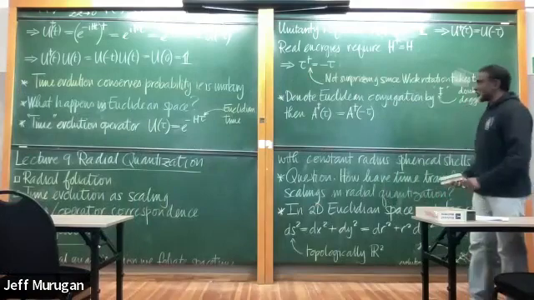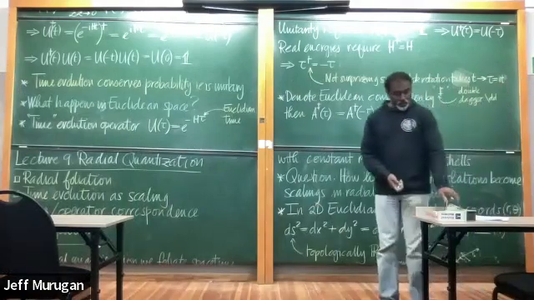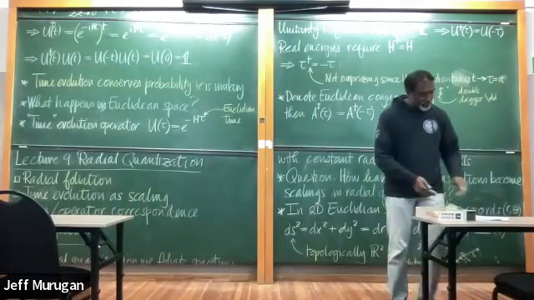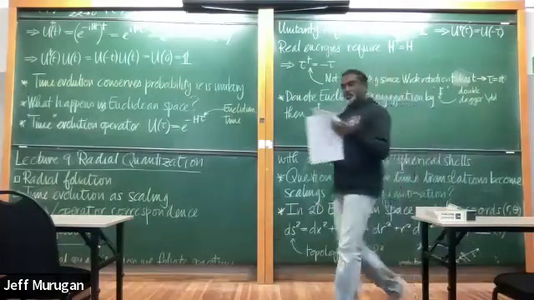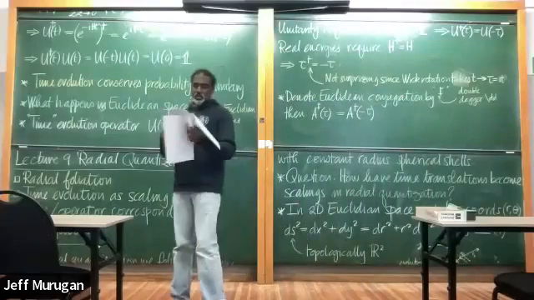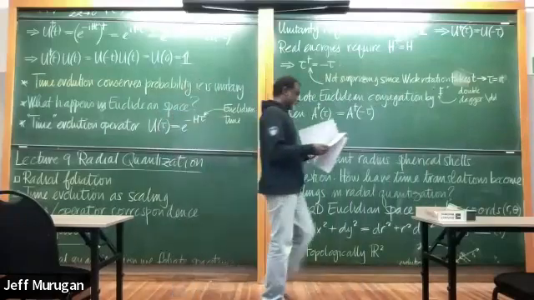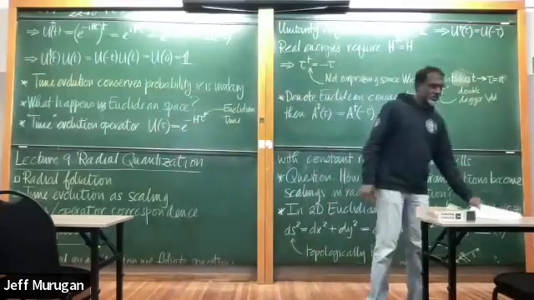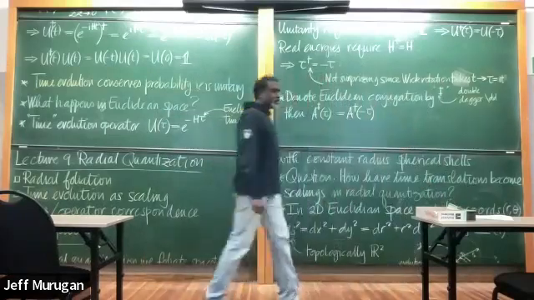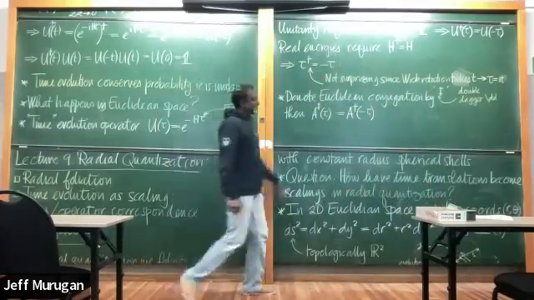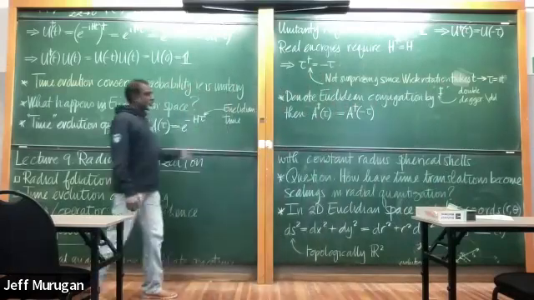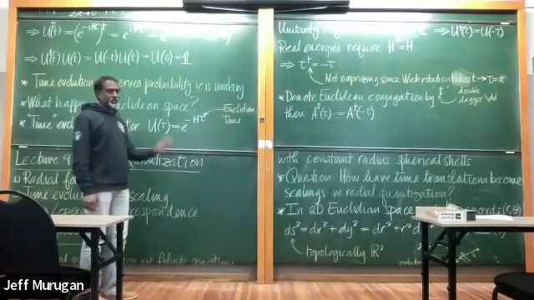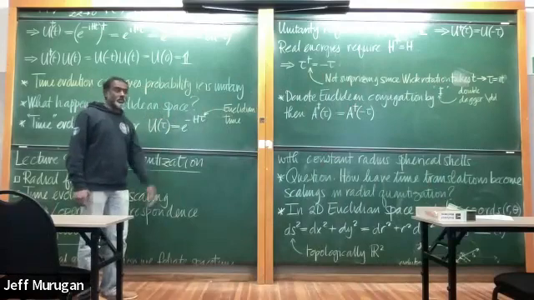Okay, let me stop here because I've run out of board space. And we will pick it up on Friday and finish up by showing you that this is a little bit deeper than what it looks like. It's not just flipping tau to minus tau, right? Because we defined Euclidean time tau as the logarithm of r.